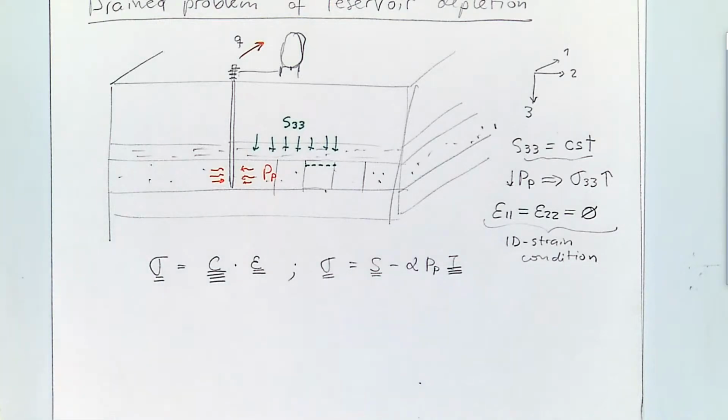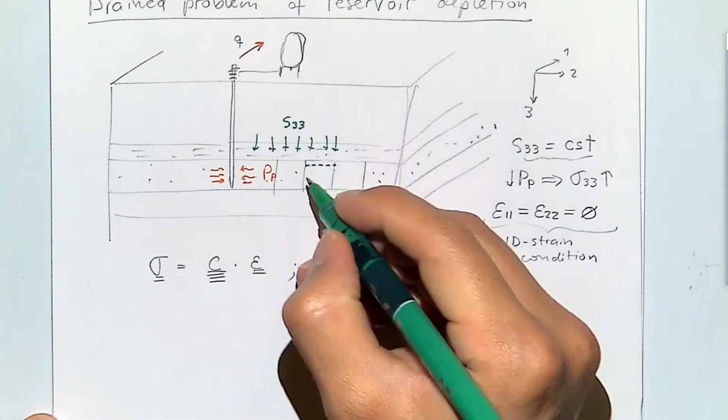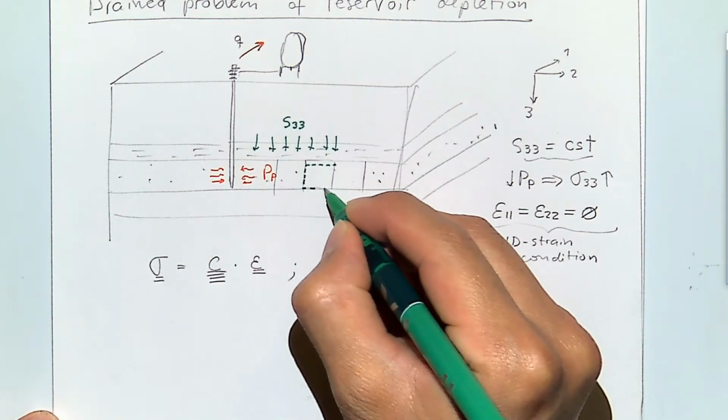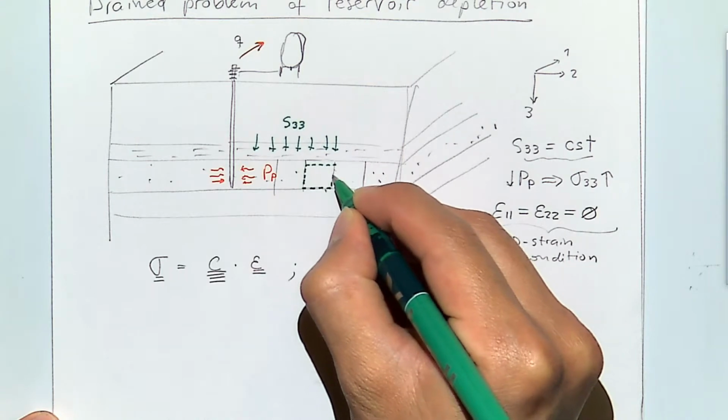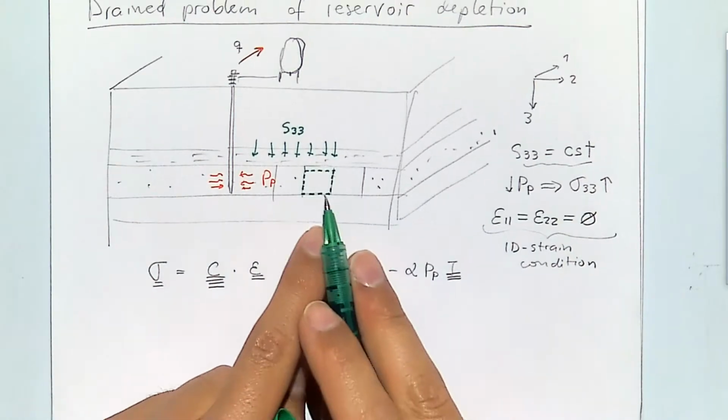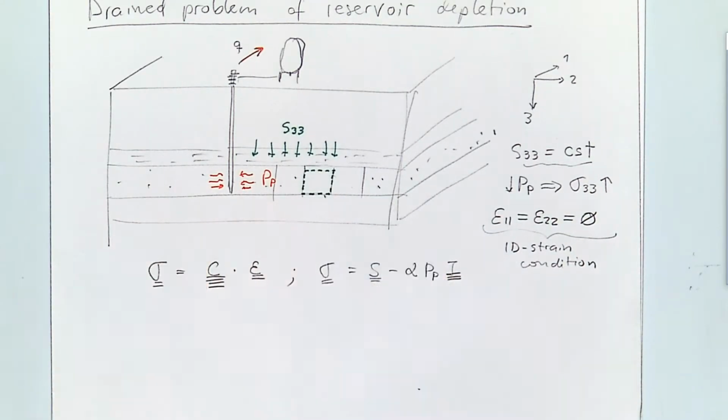So each of these blocks is not going to change size in horizontal direction, not in direction 2, not in direction 1. It's just going to change size in direction 3.